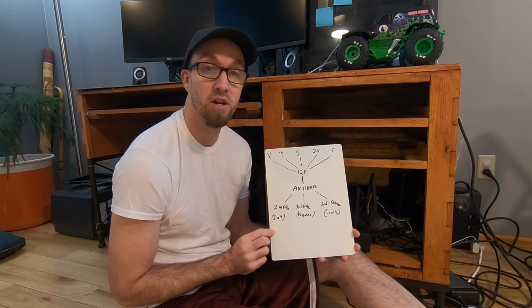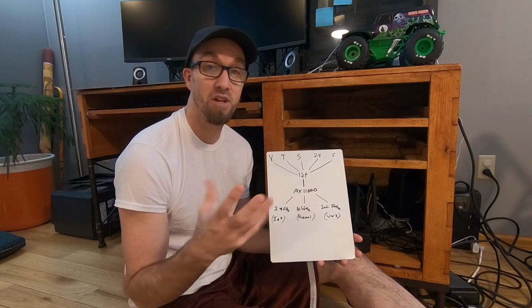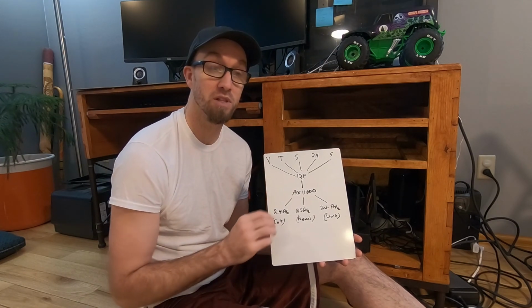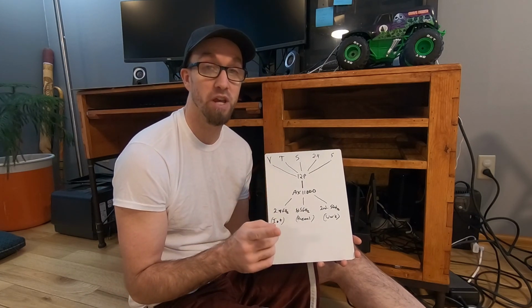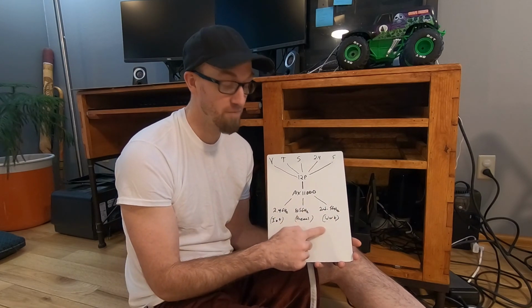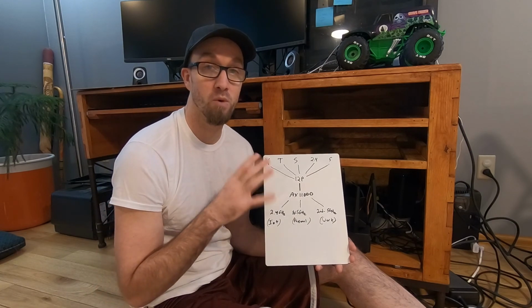The 2.4 gigahertz channel is all my IoT, all my Internet of Things stuff. And so that runs standalone on that channel, so it doesn't slow any other channels down. The first 5 gigahertz channel is for all of our personal devices. And the second 5 gigahertz channel is for my work and all my work machines and devices.